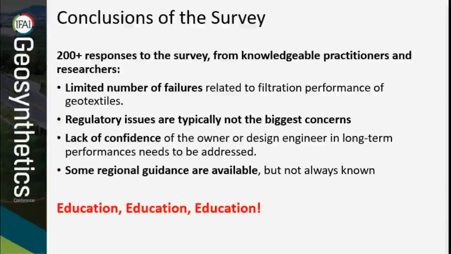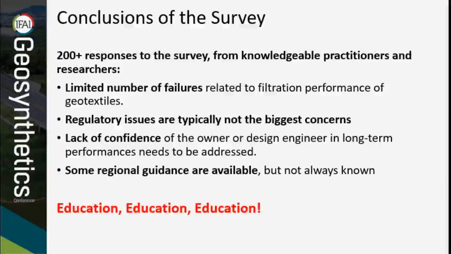There is a lack of confidence. So it's not the regulation. It is actually the owners who are sometimes lacking confidence. They prefer a good, old, solid, thick layer of soil instead of a thin geotextile. It's a matter of confidence, not a matter of regulation.